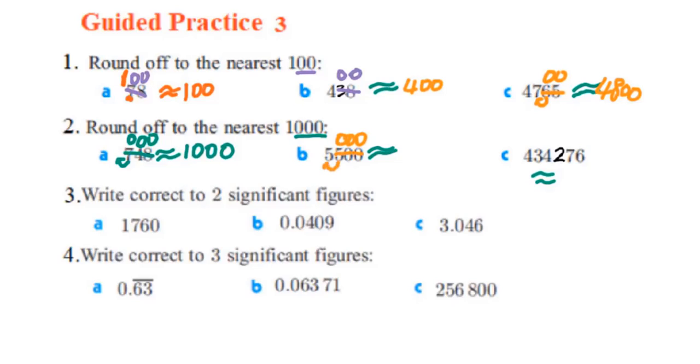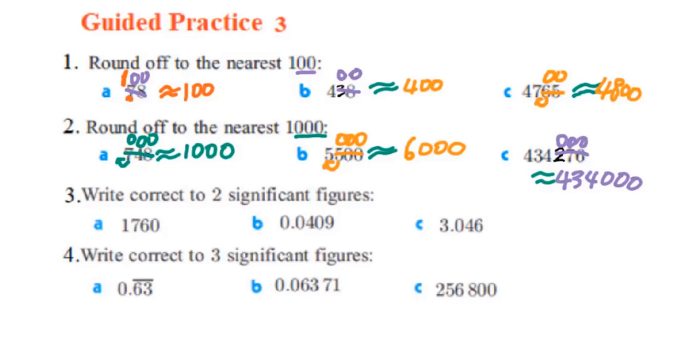Then this 5, round up. That's 6000. For C, change the last 3 digits into 000. This 2, since it's less than 5, we round down. That means 434,000.